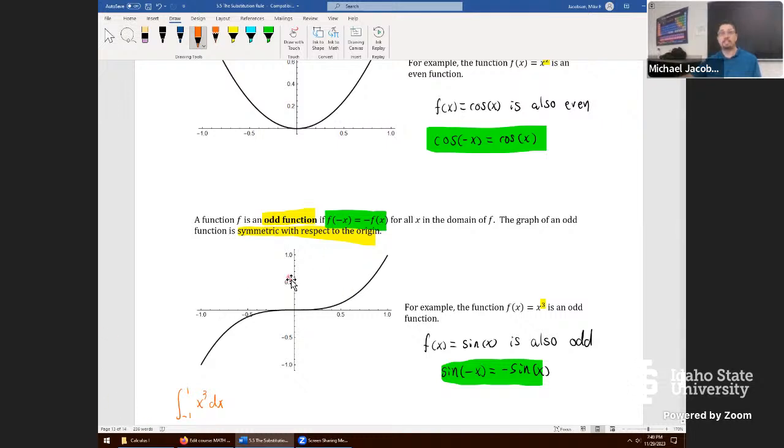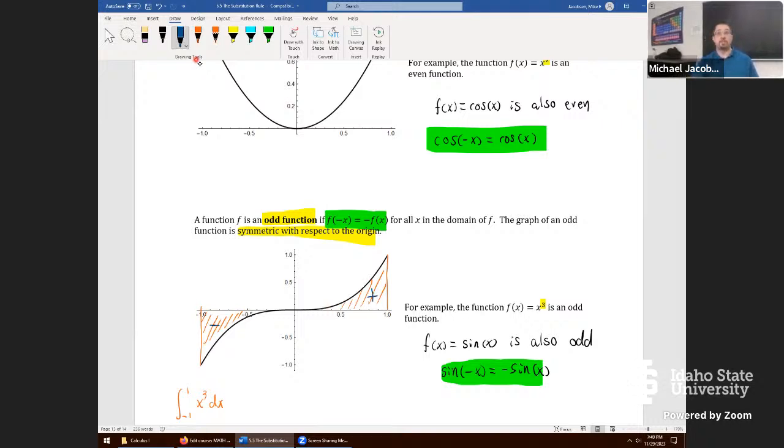But we're looking at the picture right here. If you're integrating from -1 to +1, f of x is x cubed, that is this graph, you're first going to pick up all of this area. That's all negative area. And then you'll pick up all of this area. All this area is positive.